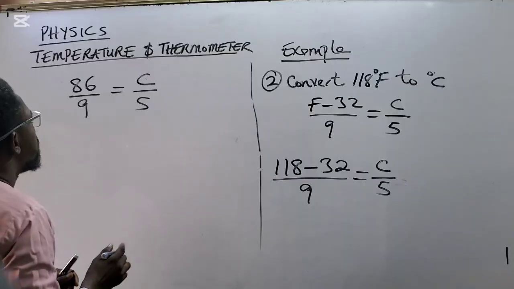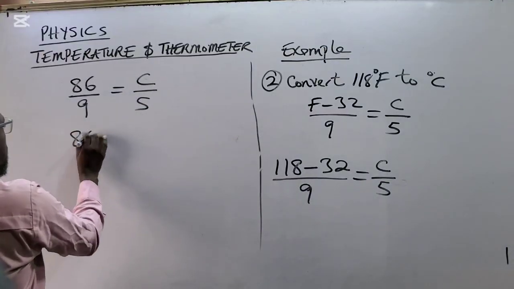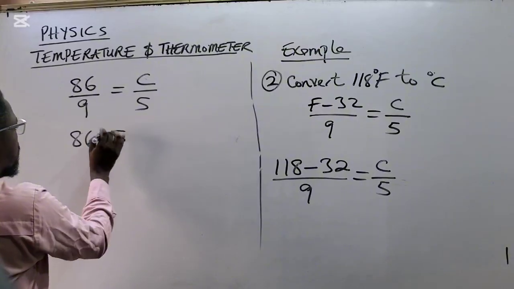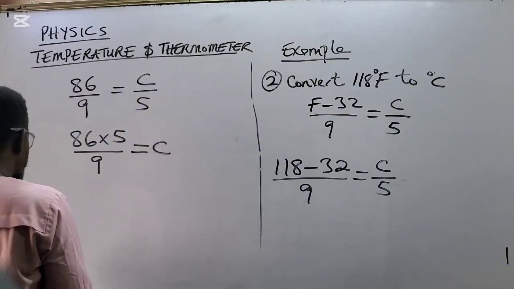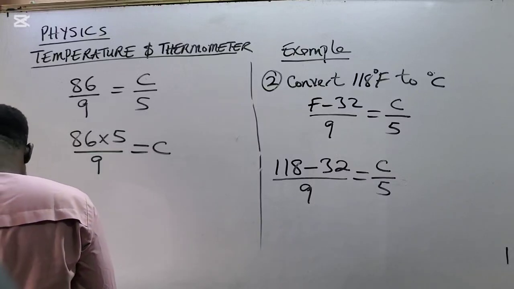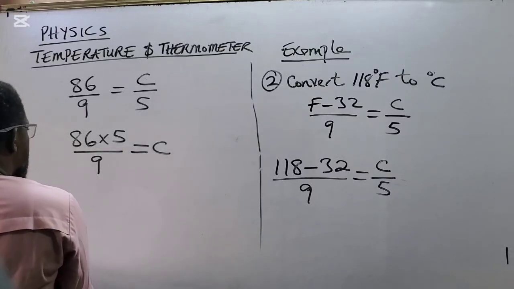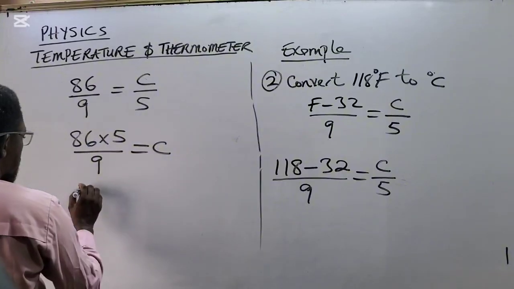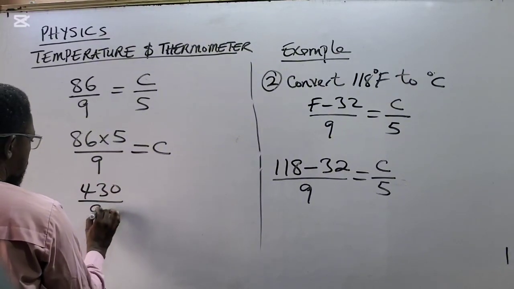So now we'll cross multiply. If we cross multiply, we get 86 times 5 divided by 9. That will give us C. If you multiply, you get 430. That will give us 430 over 9.